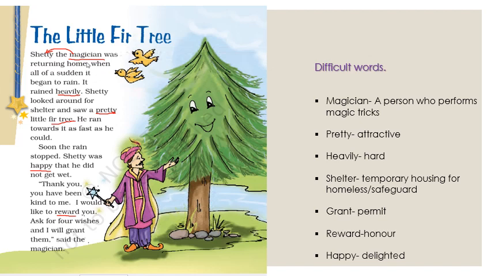So, till now we have seen in the story that a magician named Shetty once was returning home, and while returning home it was raining cats and dogs. And suddenly, in order to protect himself, he started finding a place so that he can hide himself, he can protect himself.